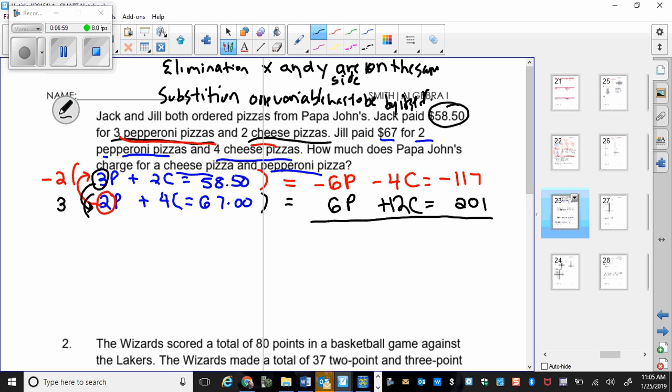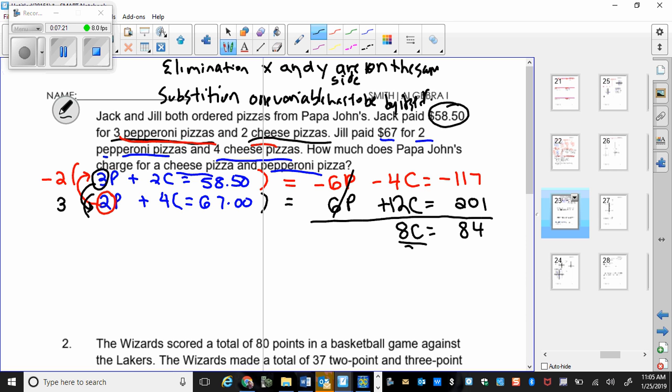So what we've done is put ourselves in a position to eliminate a variable now. So -6P's plus 6P's goes away. 12 minus 4C's is 8C's equals 201 minus 117, which is 84.